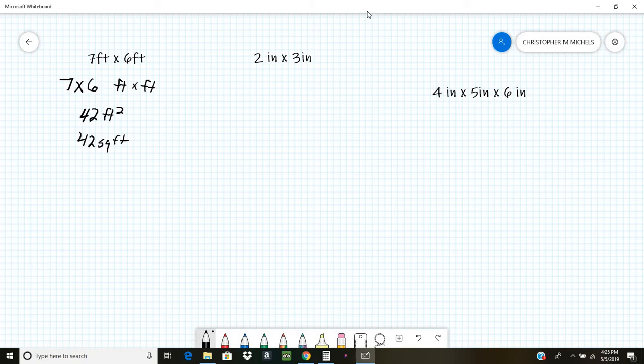And if we actually draw out a square, maybe we'll do it for me. Okay, that's the one time the shape recognition is useful. So here's the 6 foot section, here's the 7 foot section.